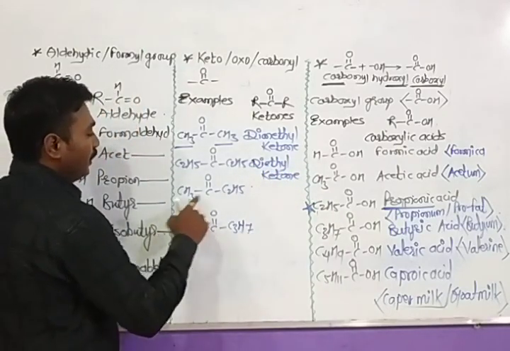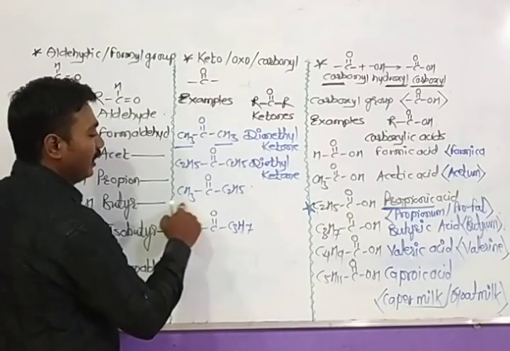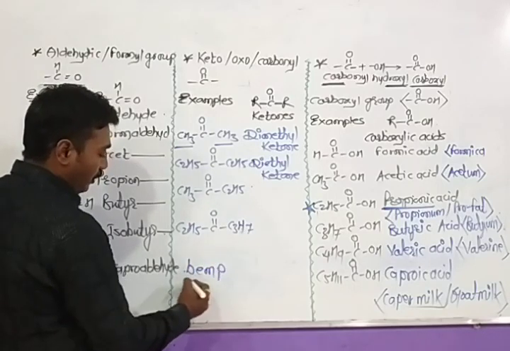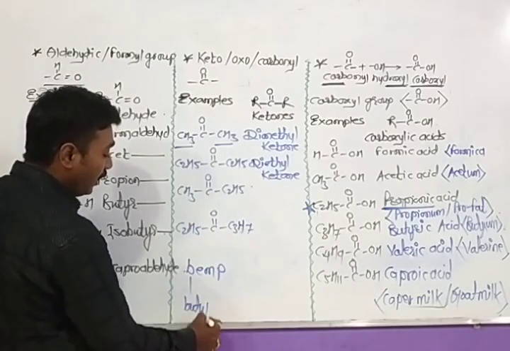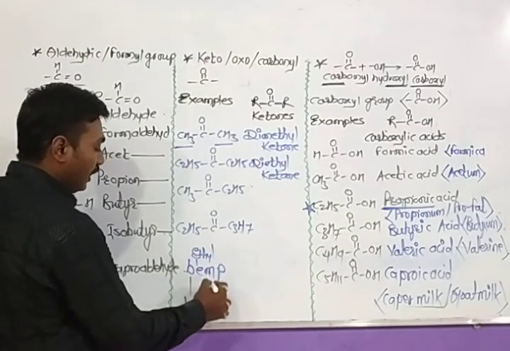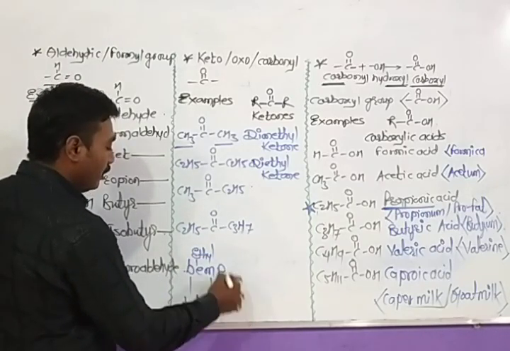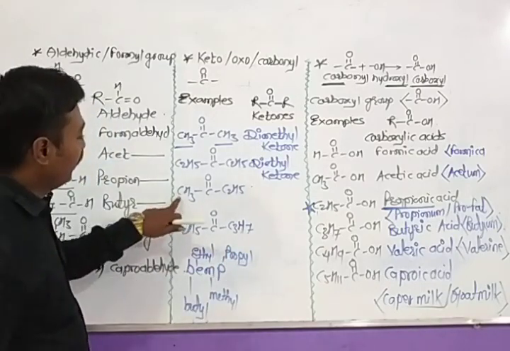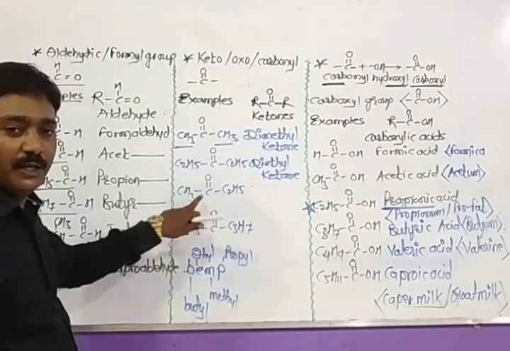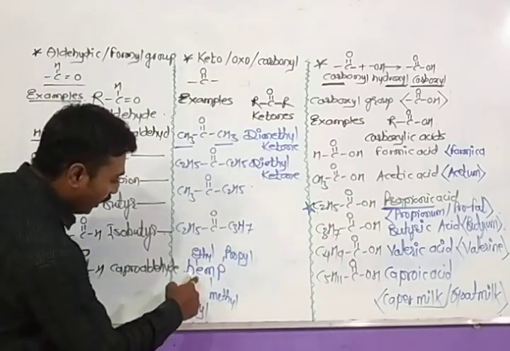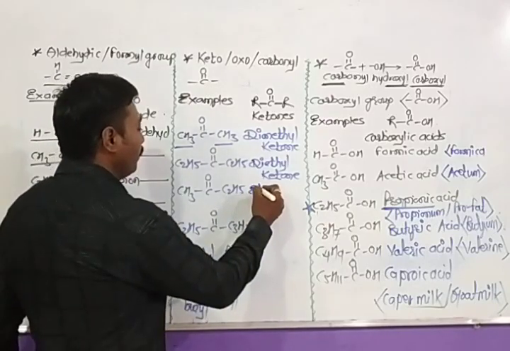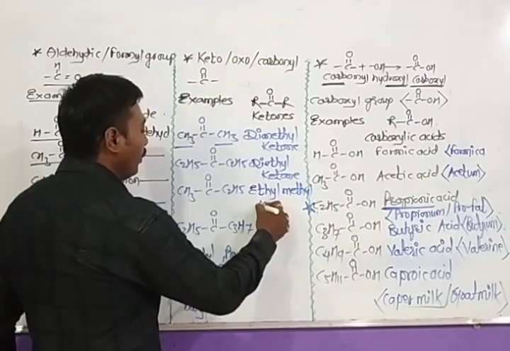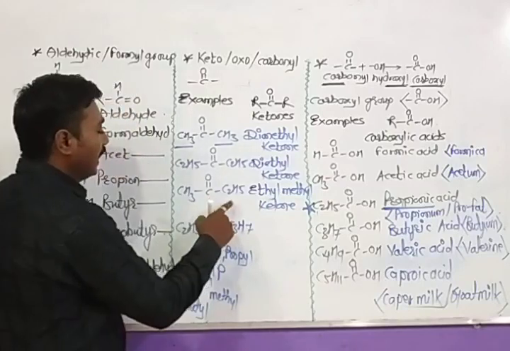Now, in these compounds we have to follow alphabetical order for writing the common name, and we have the alphabetical order as BEMP: B for butyl, E for ethyl, M for methyl, and P for propyl. So in this case, which alkyl groups are present? Ethyl and methyl. Here E comes first, then M. Therefore, this will be ethyl methyl, followed by ketone. So this compound is ethyl methyl ketone.